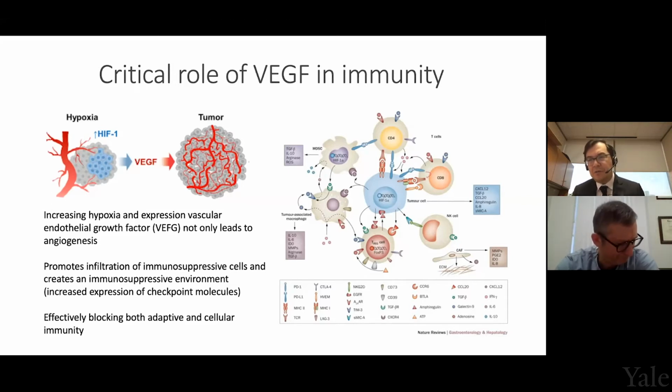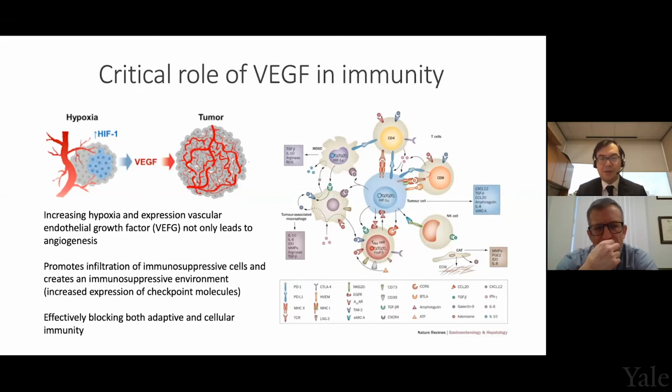It's important to realize that increased VEGF expression not only leads to increased angiogenesis, but also promotes a series of cellular changes surrounding the tumor cells that are mostly immunosuppressive in nature.